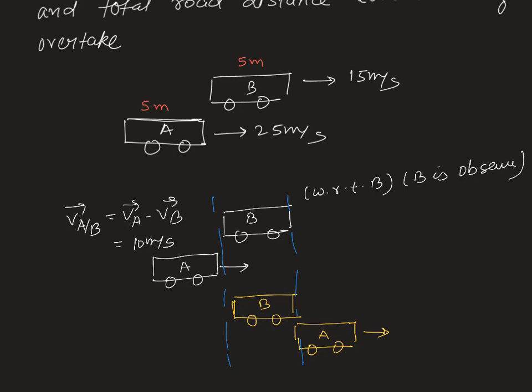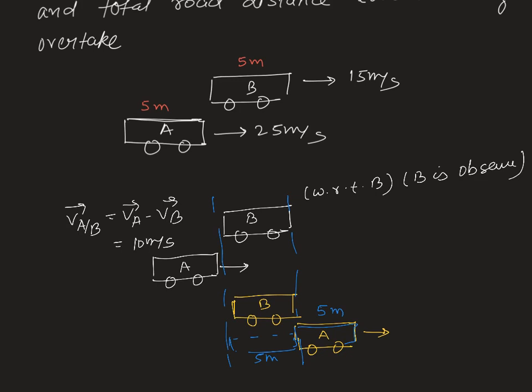So A first had to become parallel to B. First it had to come up till this point and then move forward up till this point. So coming up to this point parallel to B would require moving 5 meters, and then moving further ahead would require 5 meters.